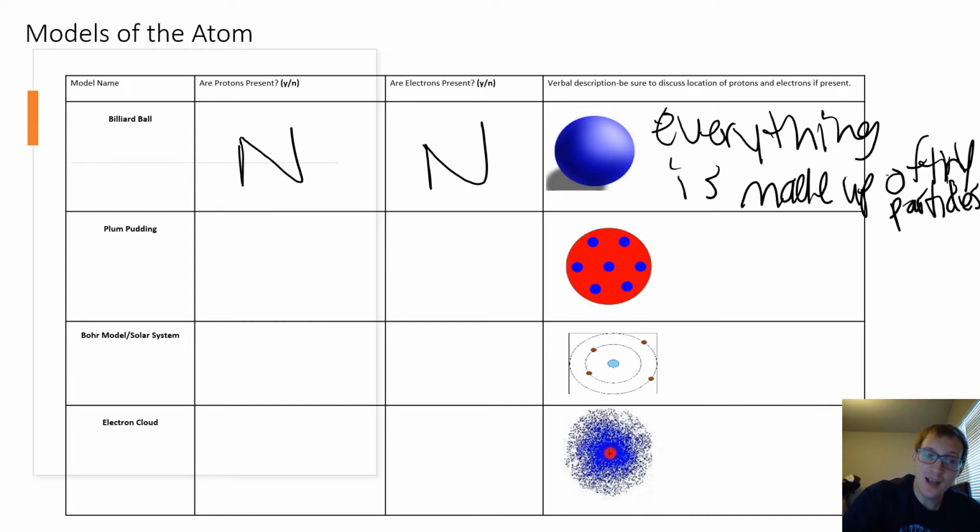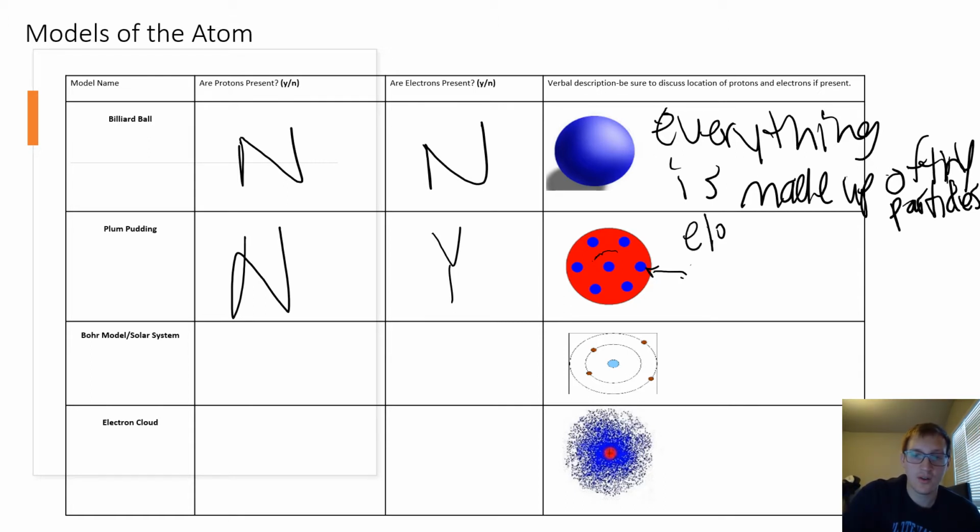Now, then we get to the plum pudding model. This does not have protons yet, although all of this red material in here is what we call a positive material. The person that came up with the plum pudding model basically said that there were electrons, the blue dots here, scattered throughout positive material.